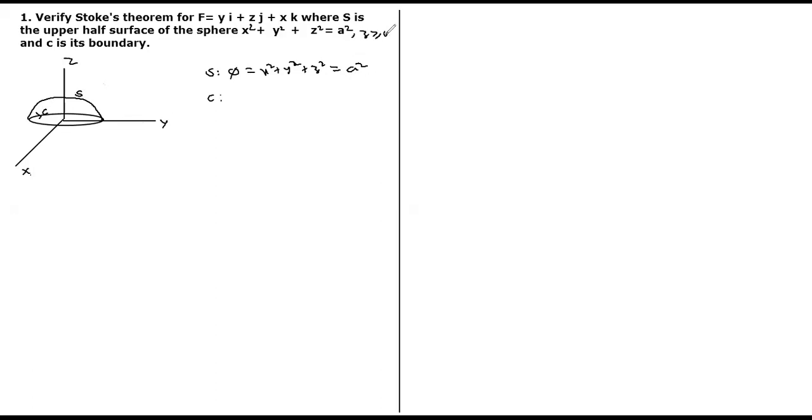For z equal to 0, you will get the equation x square plus y square equal to a square, z equal to 0. So that I will draw here. It looks like anti-clockwise sense because it is an upper hemisphere.